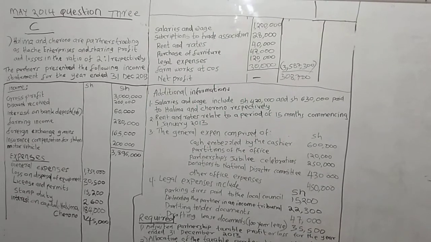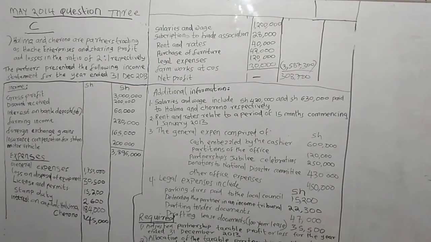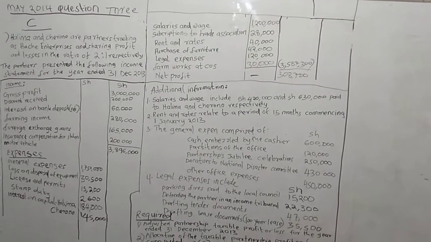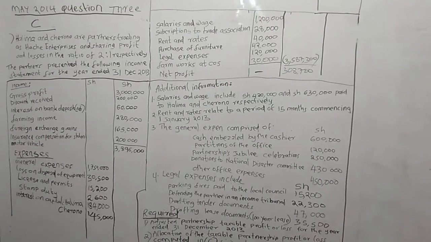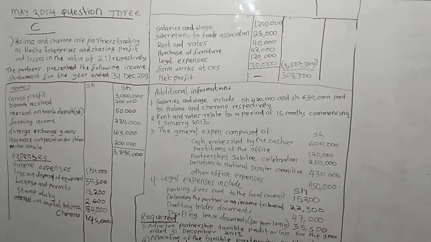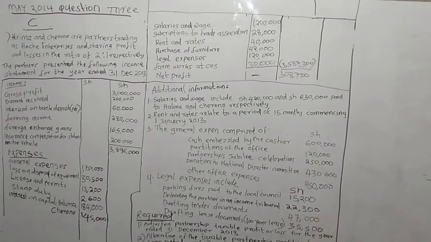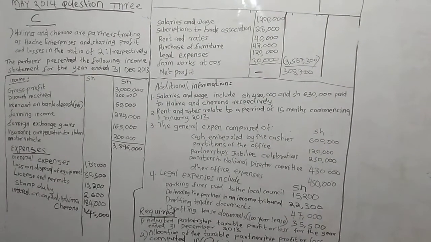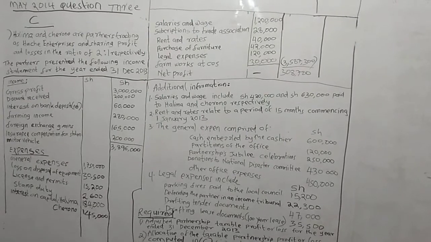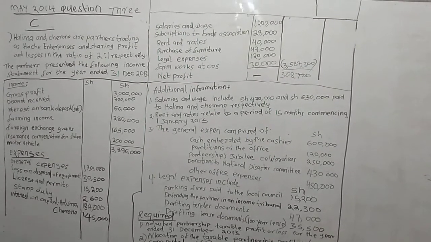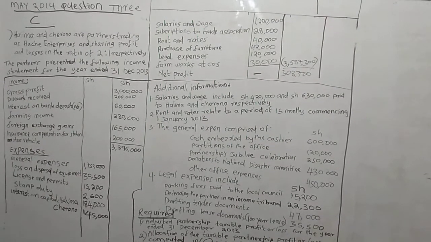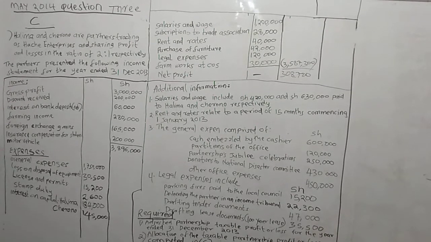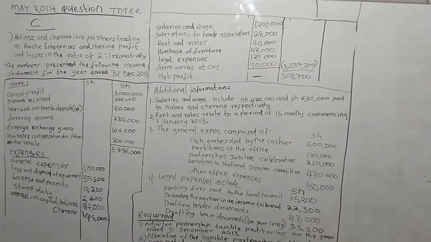Income: gross profit 3 million, discount received 200,000, interest on bank deposit net 60,000, farming income 280,000, foreign exchange gain 165,000, insurance compensation for stolen motor vehicle 200,000, total 3,896,000.